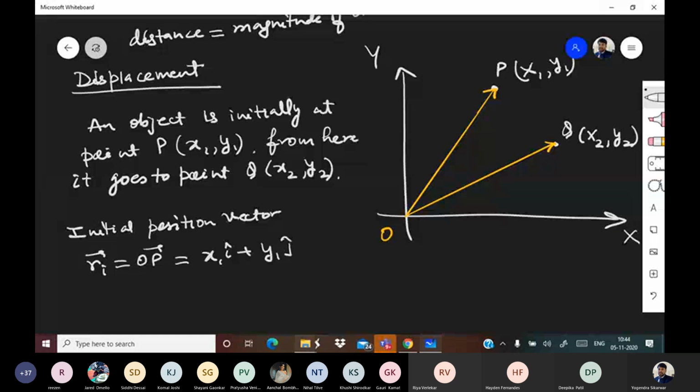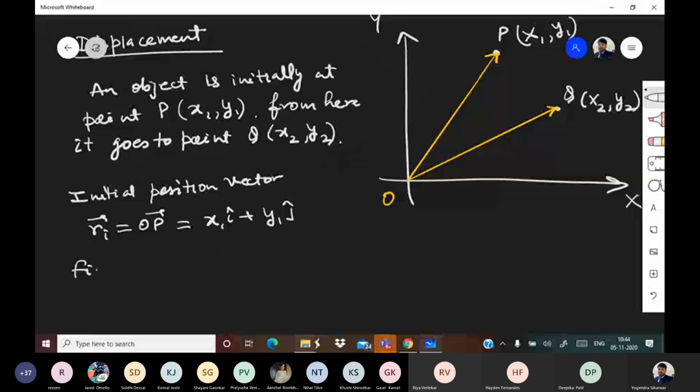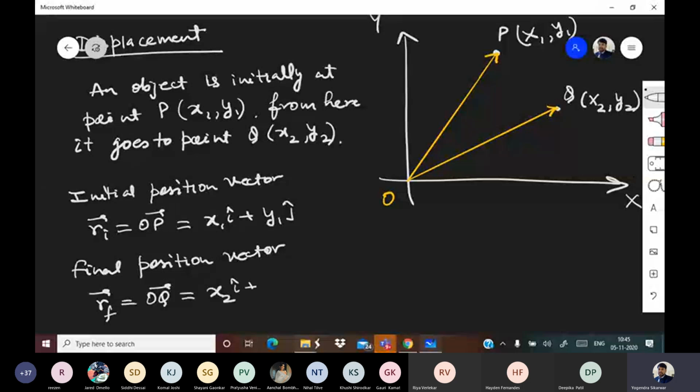All right. Now when it has reached point Q, it will have a final position vector. And how much will that be? That will be R final, that will be OQ vector, and that will be x2 i cap plus y2 j cap. All right.